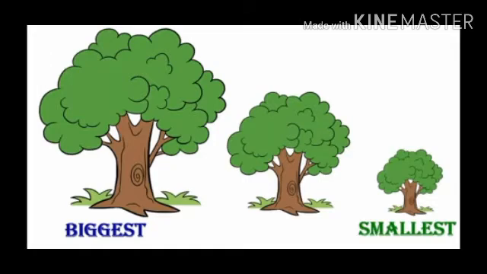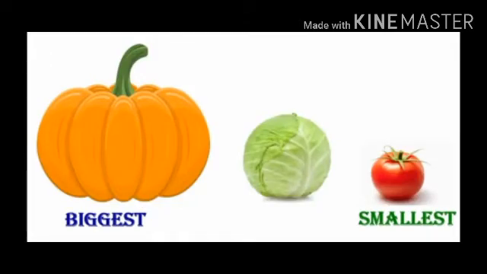Yes, very good. Here we have some vegetables of unequal sizes. First, name them. What vegetables are there? Yes, pumpkin, cabbage and tomato. Now you have to find which is the biggest vegetable and which is the smallest vegetable. Okay, my dear?